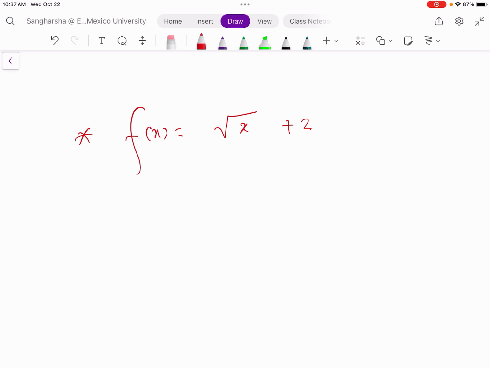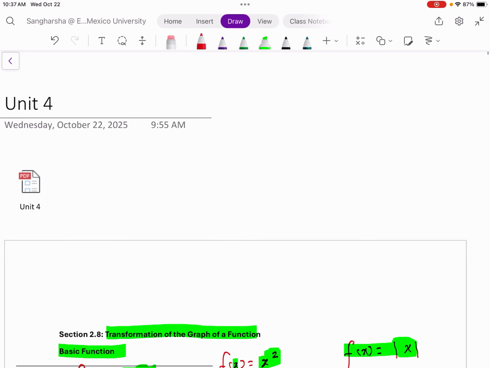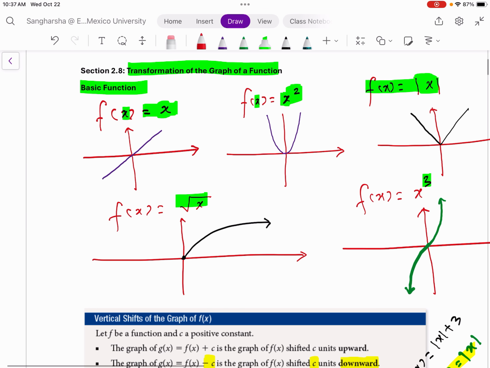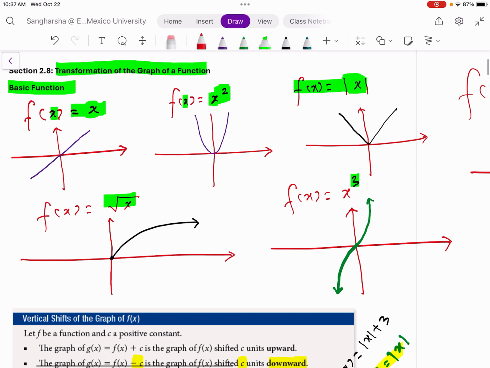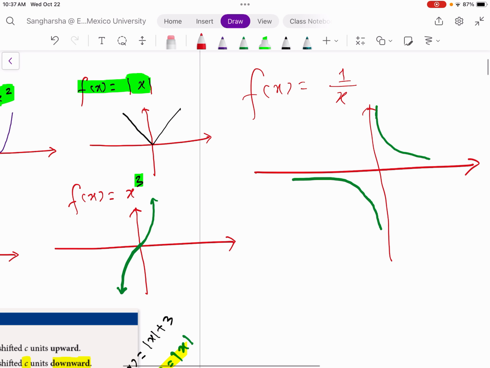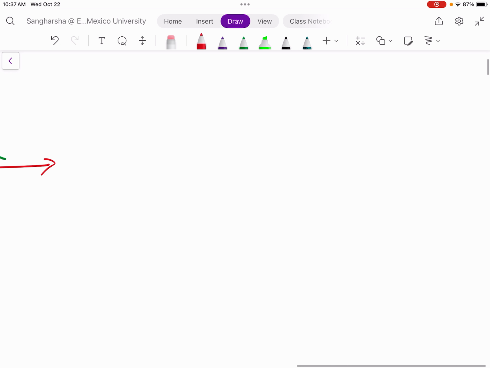Now the very first step here is, what is the type of function? How many types of function did we do as a basic function? In our basic functions, we had a linear function, a square function, an absolute value function, square root function, cubic function, and rational function. So these are the types of function we had. Now out of those functions, what type of function is that?